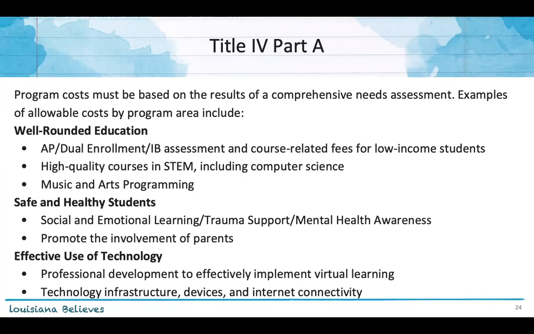Costs for safe and healthy students may include social and emotional learning, trauma support, mental health awareness, and the promotion of the involvement of parents. And costs for effective use of technology may include professional development to effectively implement virtual learning and technology infrastructure, devices, and internet connectivity.